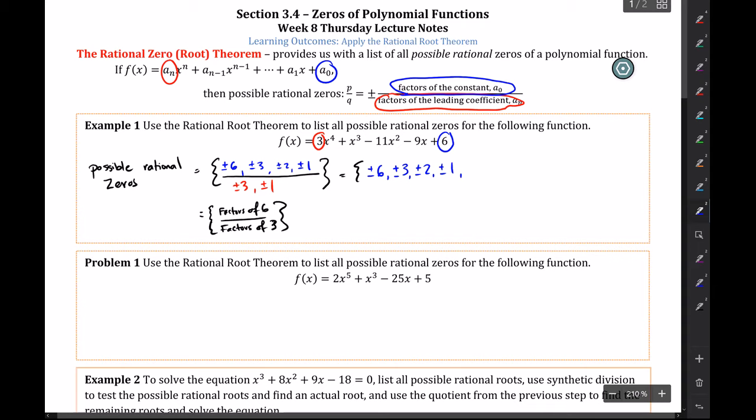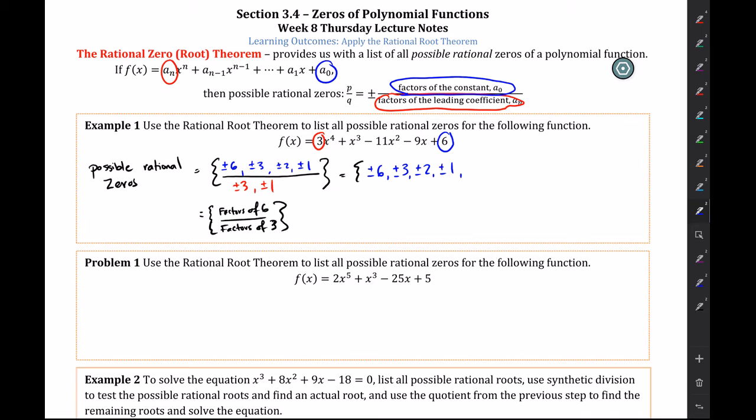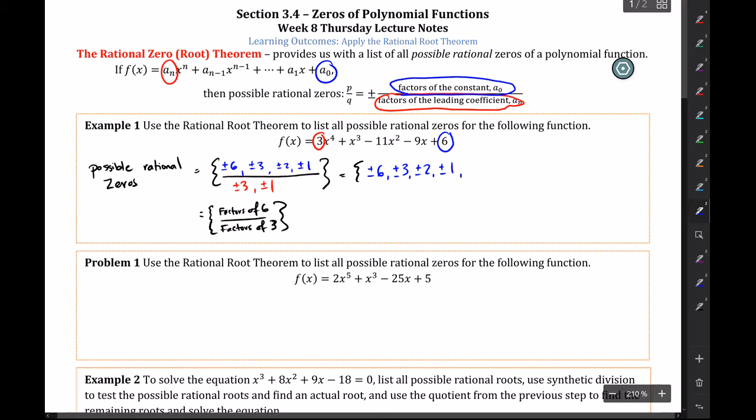And if the bottom number is a 3, then we're going to get plus or minus 2, which we've already written down, or plus or minus 1, because plus or minus 3 over 3 is plus or minus 1. And then we could also possibly have plus or minus 2/3, or plus or minus 1/3. Okay, and so again, this is the list of all possible rational roots.